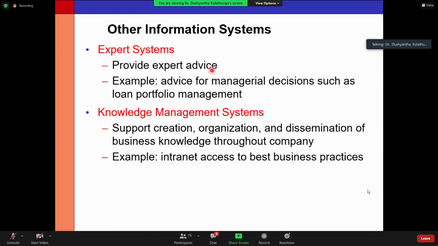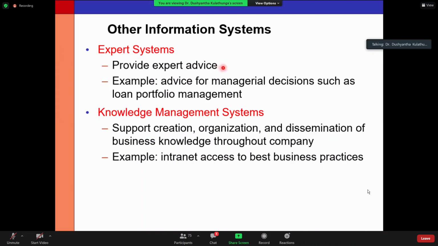That may be based on the data already stored within the organization or the knowledge that is already stored within the organization. But these expert systems are capable of processing the data or knowledge in a deep manner and produce information which cannot be produced by the other systems.